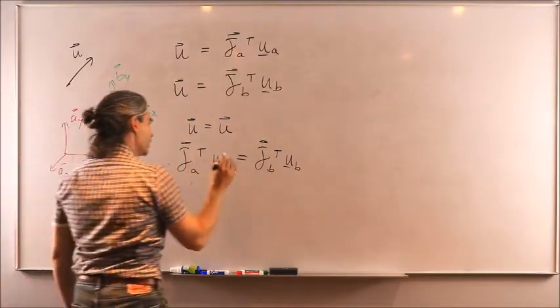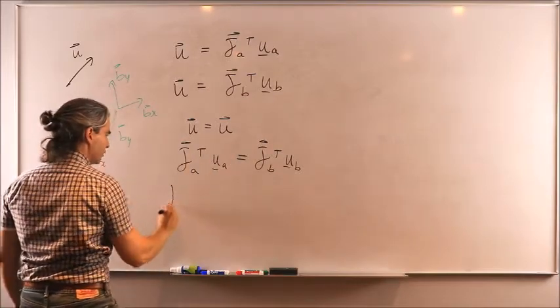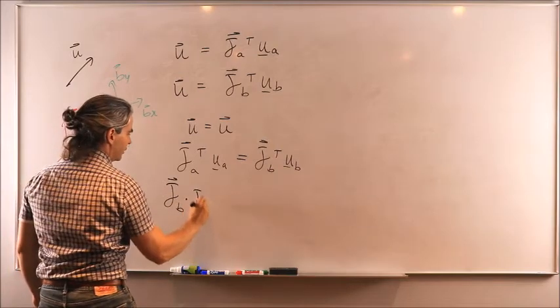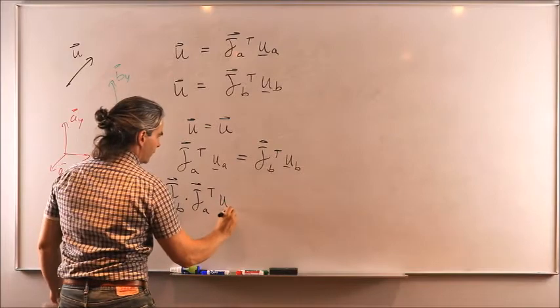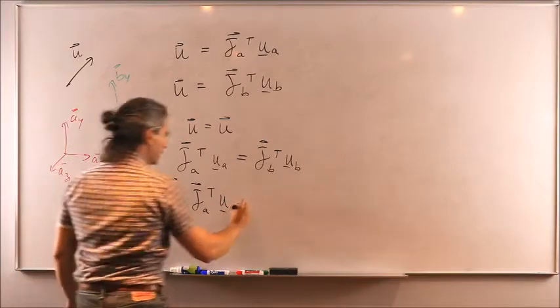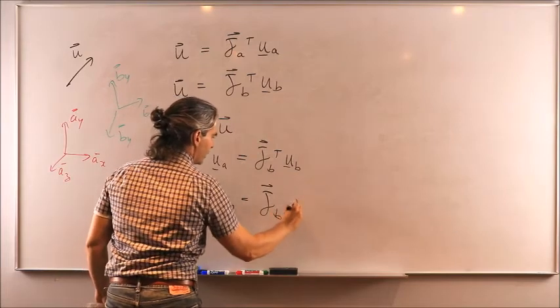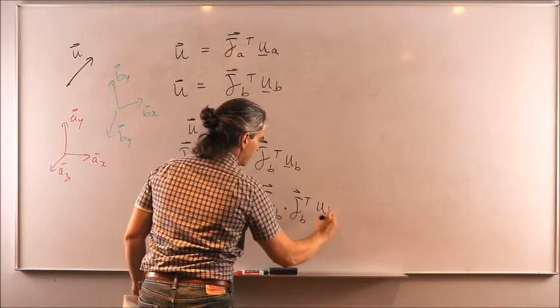Now, if you take the dot product on both sides with vector B, you're going to get the vector B dot product vector A transpose times UA equal vector B dot product vector B transpose times UB.